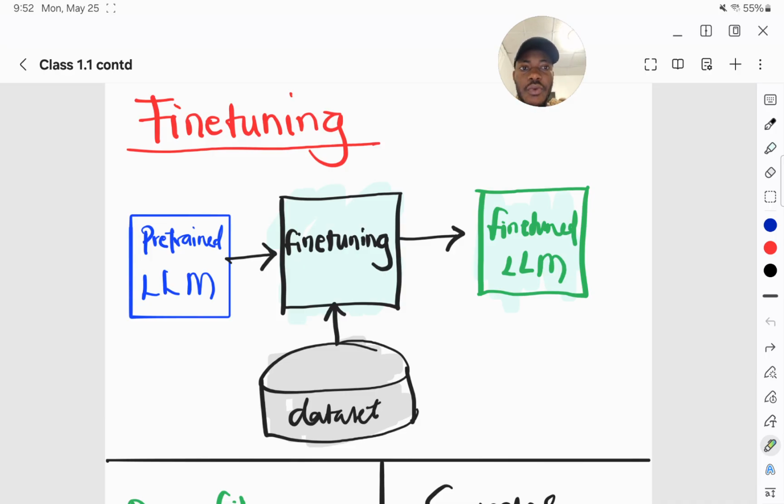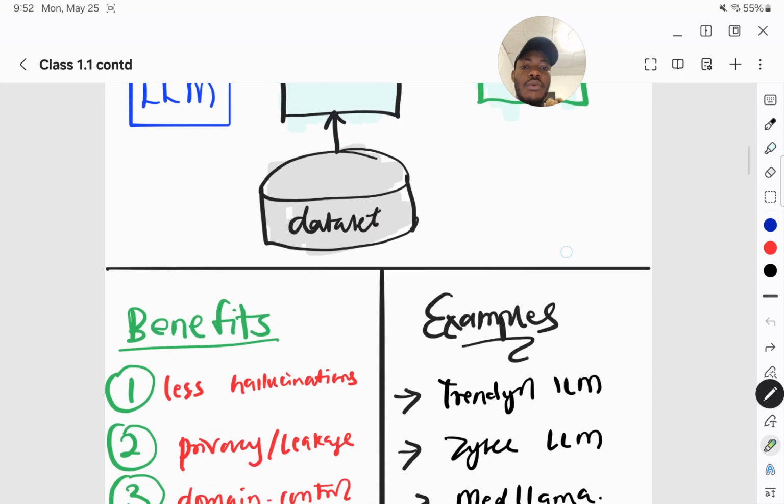For example, Llama is generally specific for general tasks, but we can customize this model through fine-tuning methods, using a particular data set or series of data sets, and then we have a fine-tuned LLM that we can use for what we want to achieve.